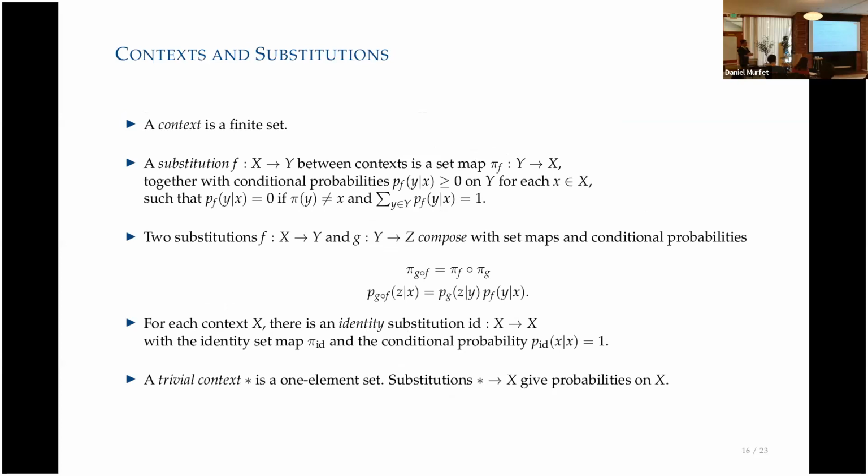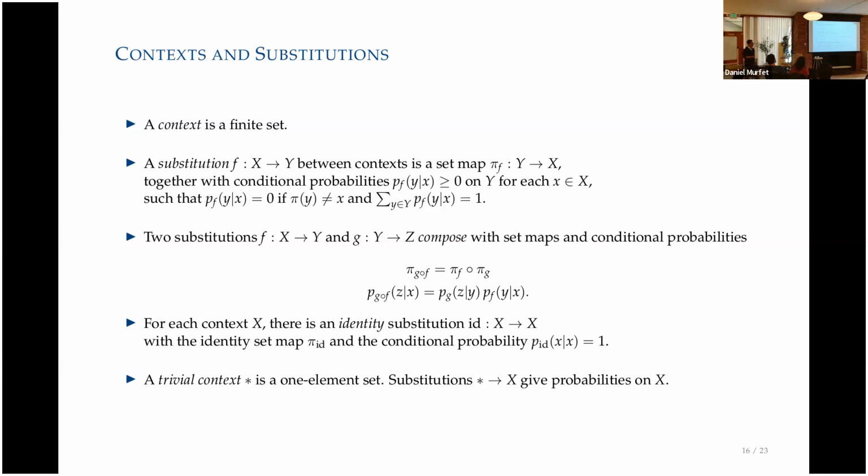So now I'm going to talk about my categories P and Q. In those categories, the objects are called contexts, and those contexts are just finite sets. So in P, I have finite sets as objects. A morphism in the category is called a substitution, and a substitution is a set map from Y to X. Note the reversal of the arrows, together with conditional probabilities, which I defined just now, such that the conditional is equal to 0 if pi of Y is not equal to X, and all the conditionals sum to 1.